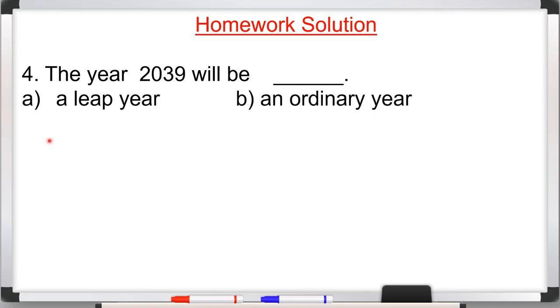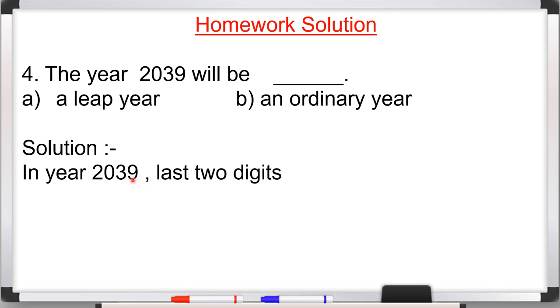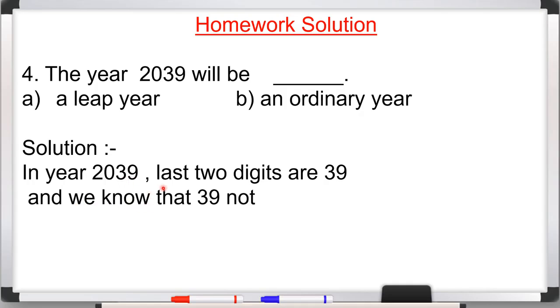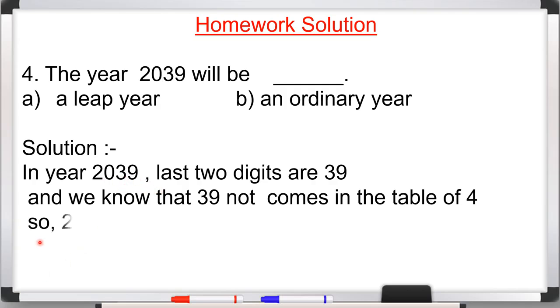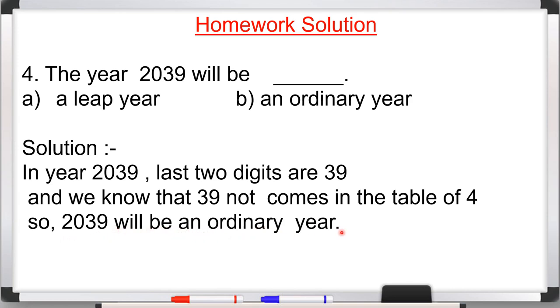So again we will solve it in year 2039. Okay, last two digits are 39. Okay, and we know that 39 does not come in the table of 4. So it is not divisible by 4. Okay, so 2039 will be an ordinary year.